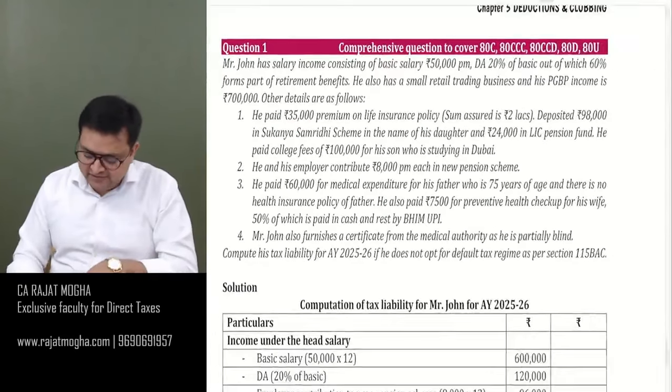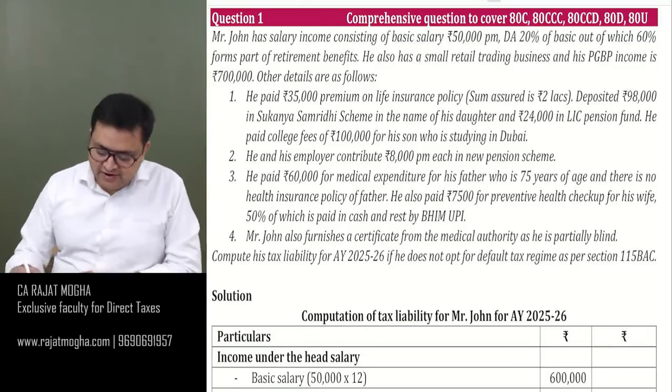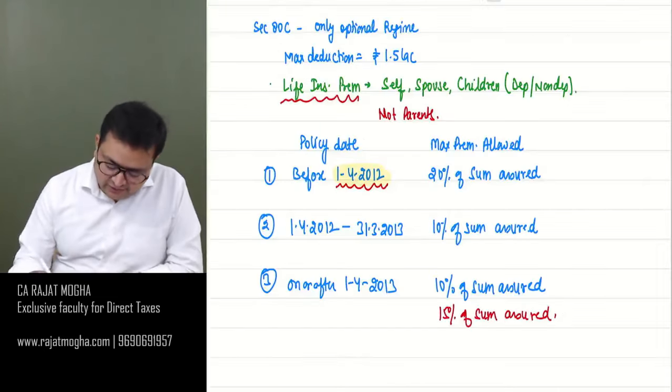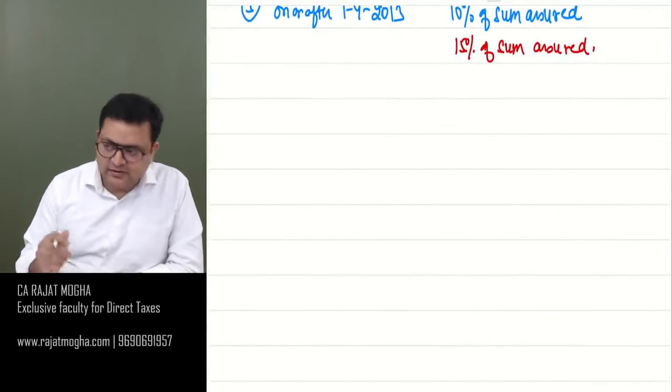Okay, let's read it further. He deposited 98,000 in Sukanya Samriddhi scheme. Sukanya Samriddhi, again, it is part of 80C. Sukanya Samriddhi is 80C. And 24,000 in LIC pension fund. LIC pension fund. See, you can write it here also. This is not pension scheme.